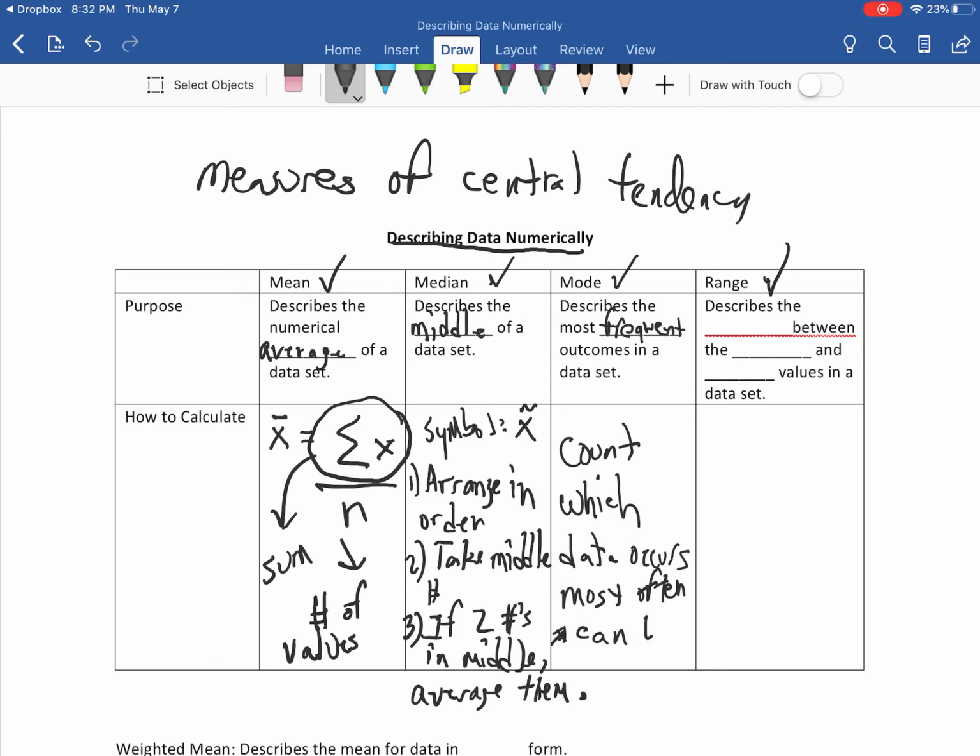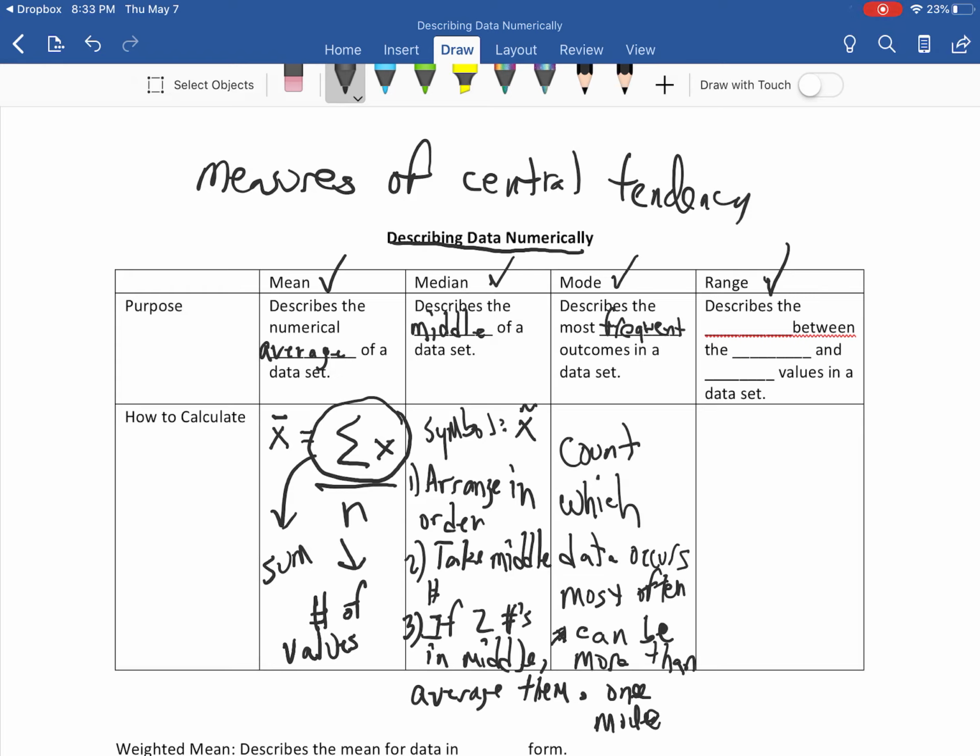And there can be more than one mode. We can have data sets with several modes.